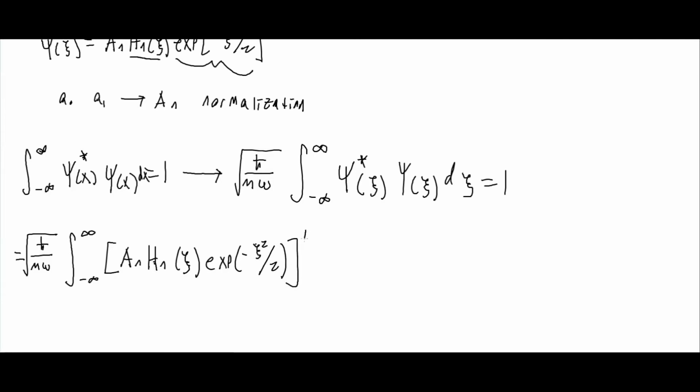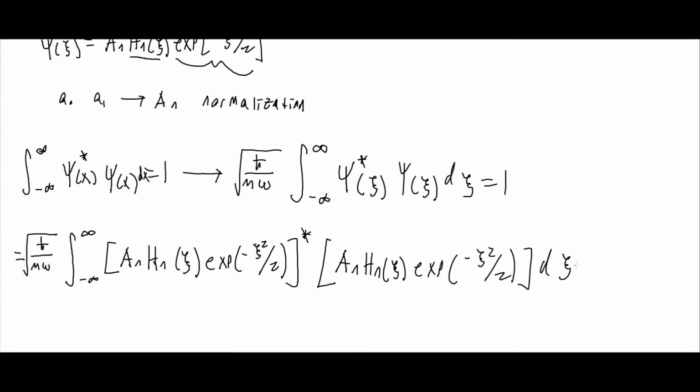And so that is complex conjugate times a n h n of xi times exponent of minus xi squared over 2 d xi equals 1.